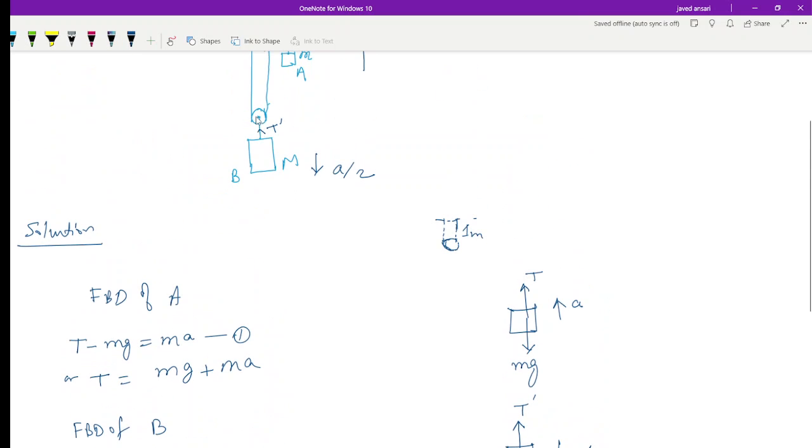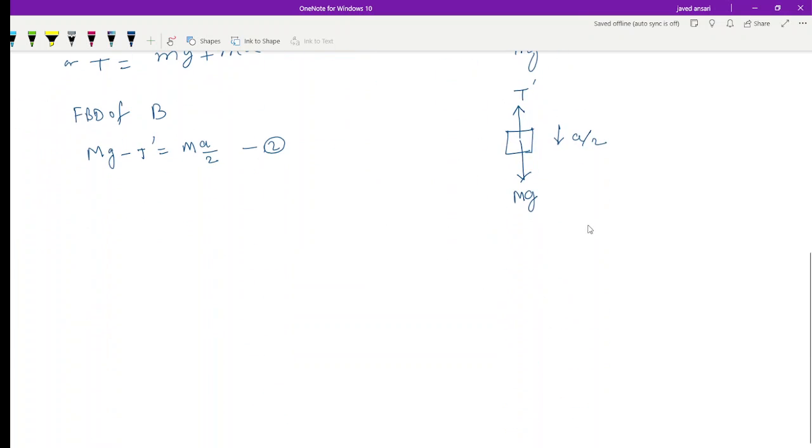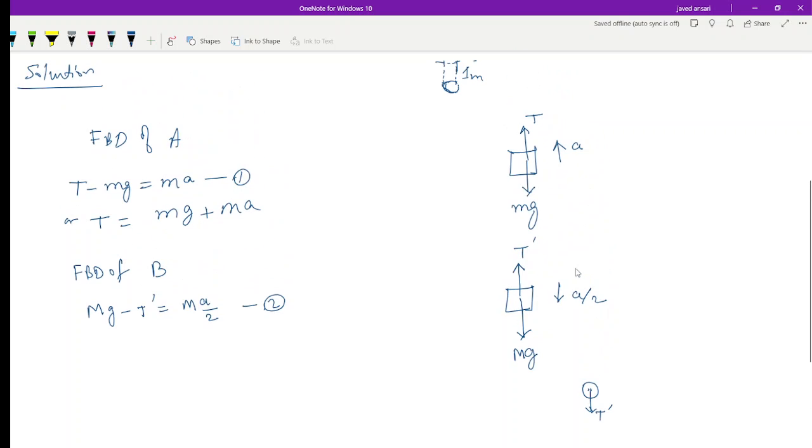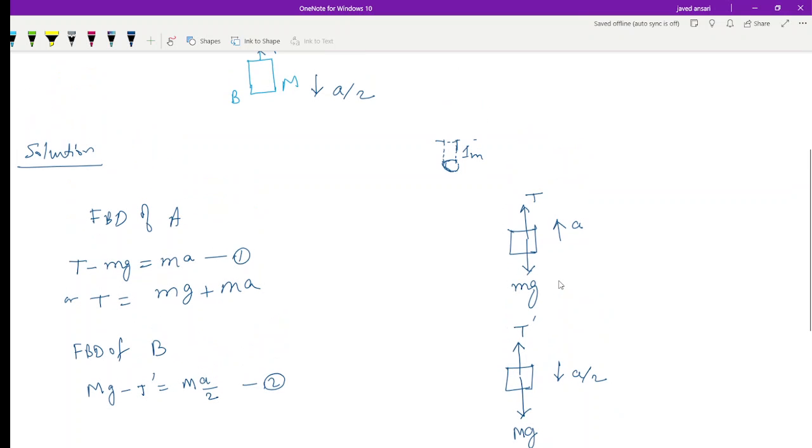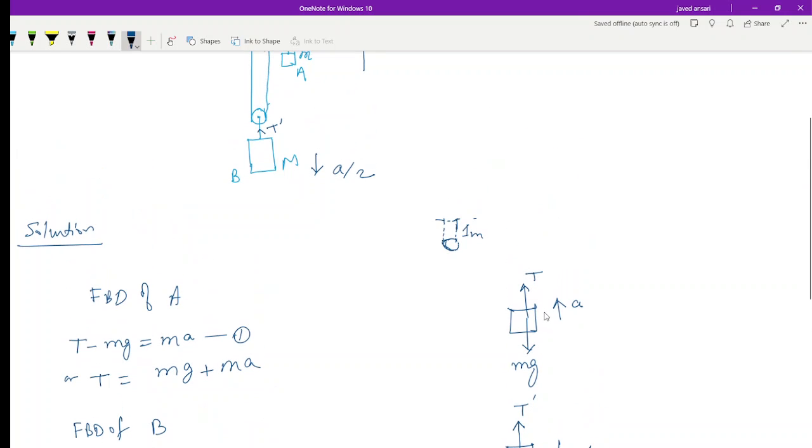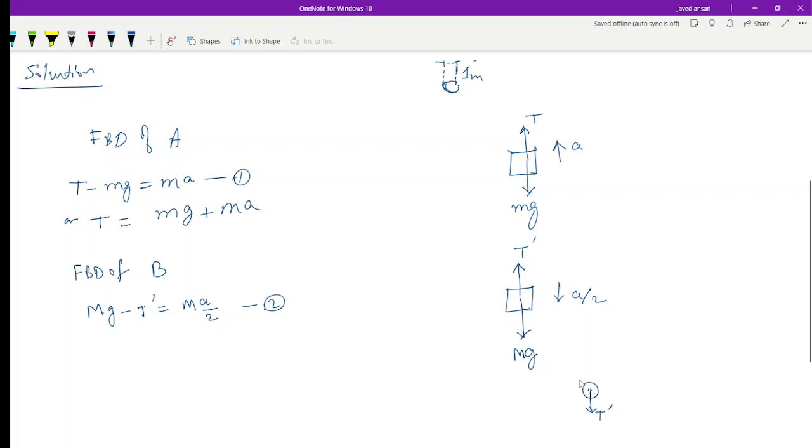Now let's consider this pulley. This pulley, if you consider, is massless, right? So the force downward will be T dash, because tension is always in the opposite direction, right? So T dash works on this block upward, but on the pulley it will pull it downward. That's the nature of tension.